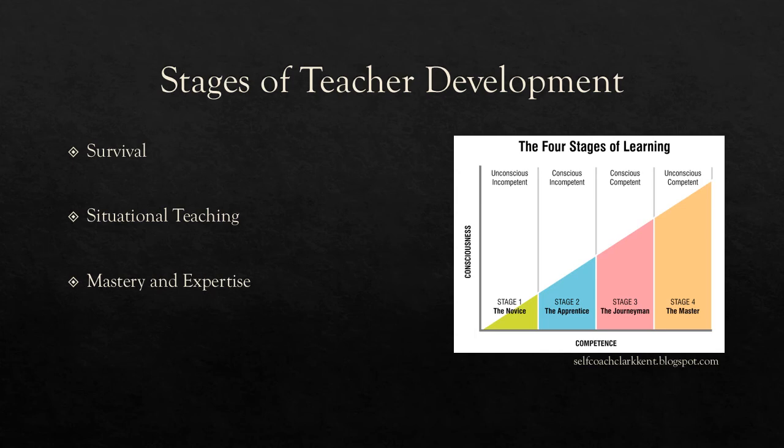But this idea of the journeyman is being able to do the job, but having to really think about doing it. And then the last stage, mastery and expertise, the master being unconscious and competent, not literally unconscious, because that would be terrible, but that I'm able to do a really good job without thinking about it quite so much. It does become instinctive. It does become second nature. I just sort of know how to do that thing.